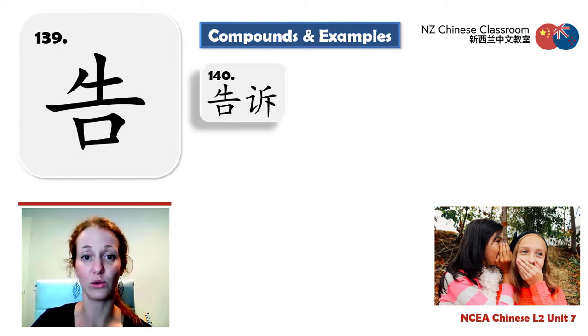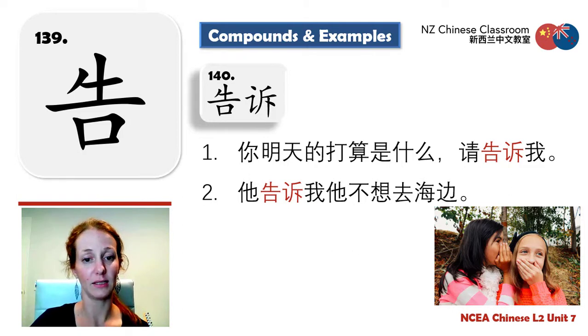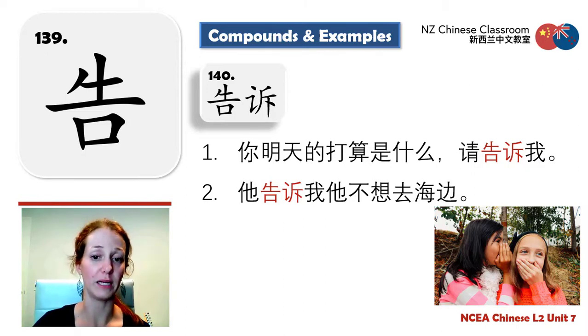And you can see in the 诉 we have the speech radical on the left hand side. 你明天的打算是什么？请告诉我. What is your plan for tomorrow? Please tell me. 他告诉我他不想去海边. He told me that he didn't want to go to the beach. It's a bit sad.